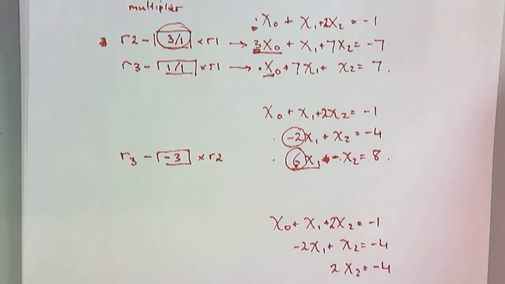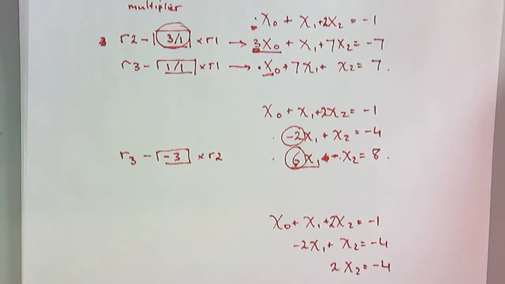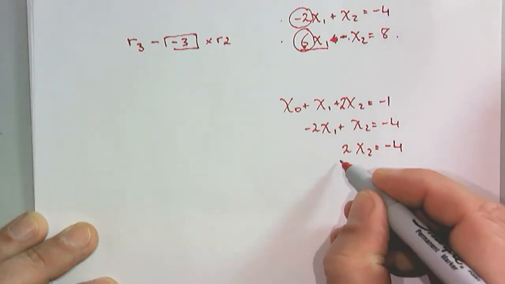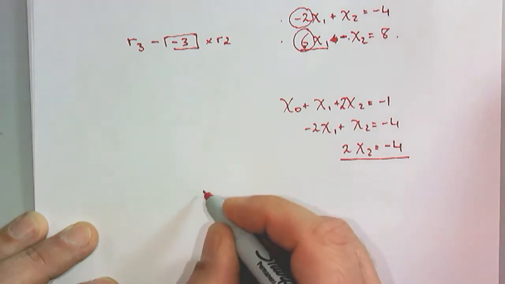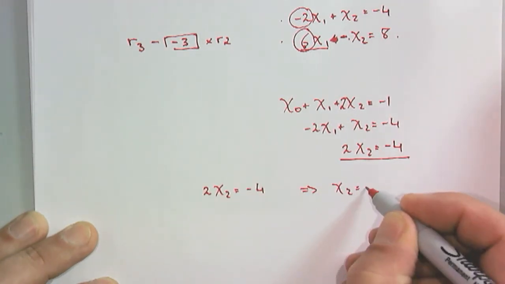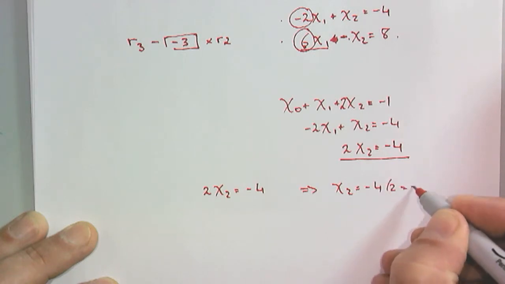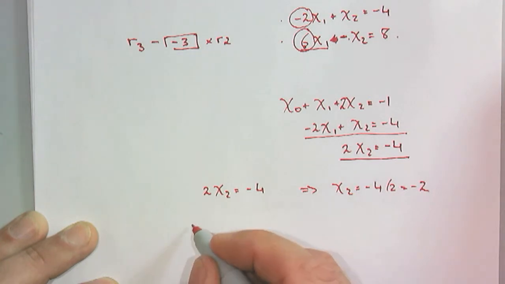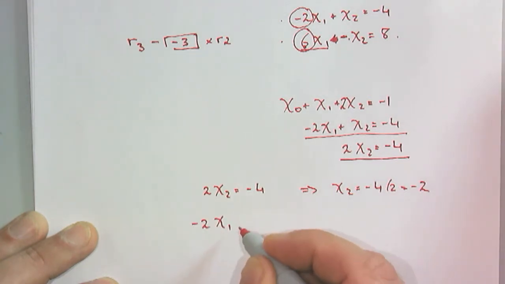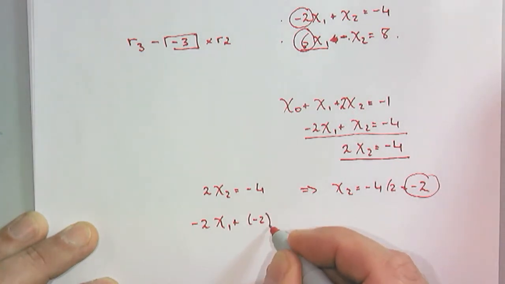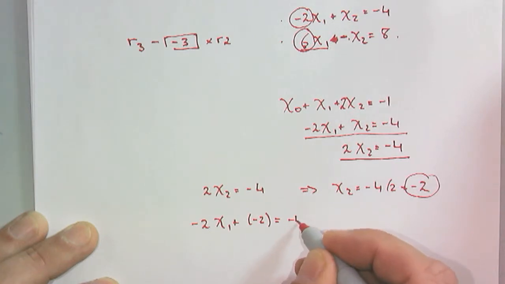And then what we need to do is perform back substitution to solve this upper triangular system. And how do we do that? We start with the last equation. So from that we conclude that chi 2 is equal to minus 4 divided by 2, which is minus 2. And then we look at the next equation, and we see that minus 2 times chi 1 plus chi 2, but now we know that chi 2 is equal to minus 2, and that's equal to minus 4.